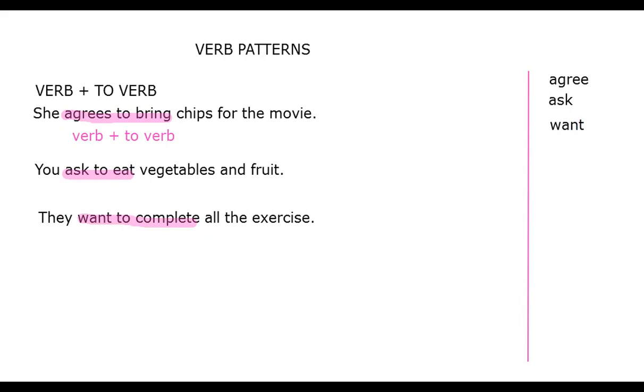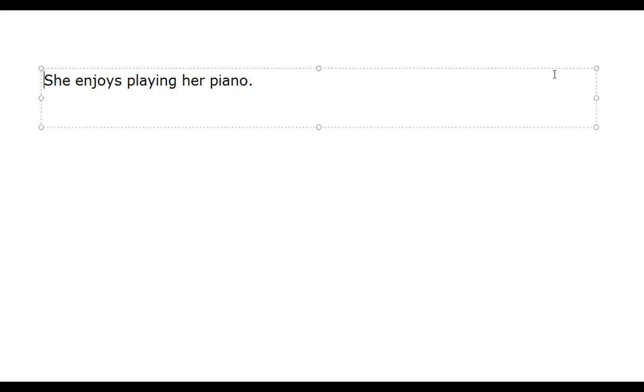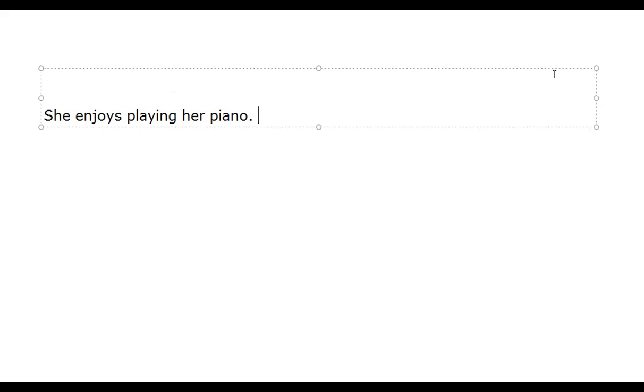And then we have another one. She enjoys playing her piano.